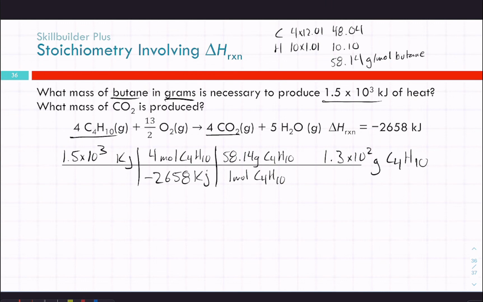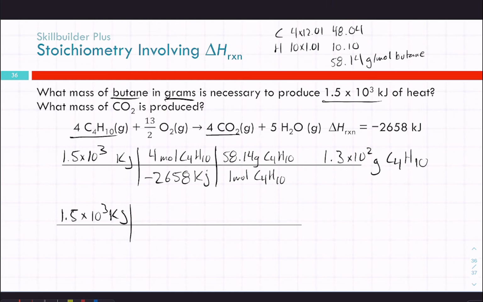All right, so the second problem that we have to do is now pretty much the same, but solving for a different compound in our chemical equation. So that got us butane. Like I was just mentioning, you can use the one quantity that you're given to solve for any of them.